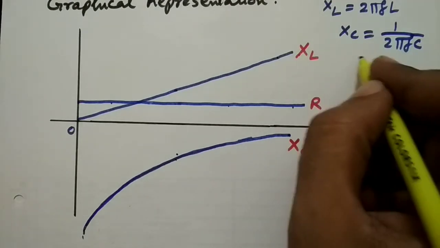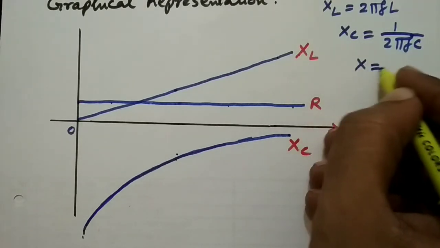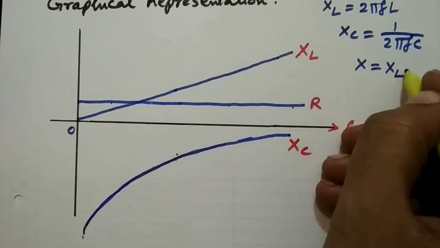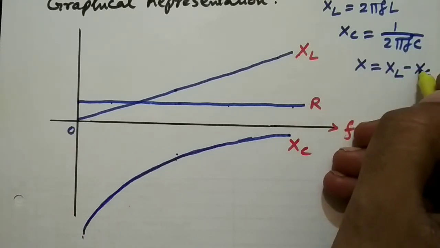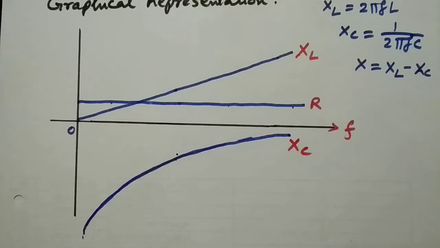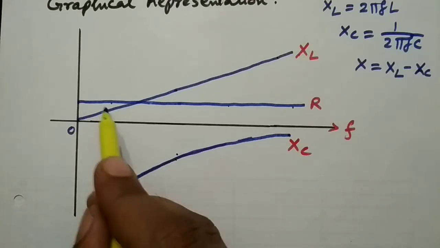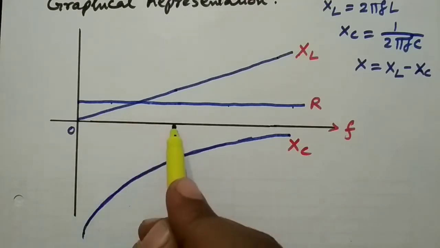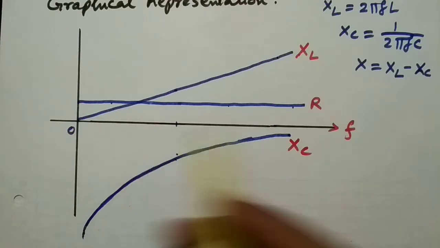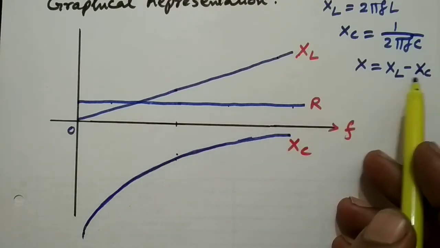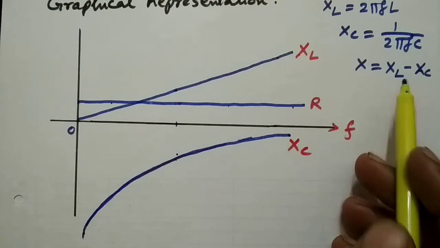Next is X, that is the net reactance, and it will be the difference of XL and XC. So from this graph we can see that when the frequency is lower, the capacitive reactance will be more than the inductive reactance. Therefore, the difference of XL and XC will be capacitive in nature.